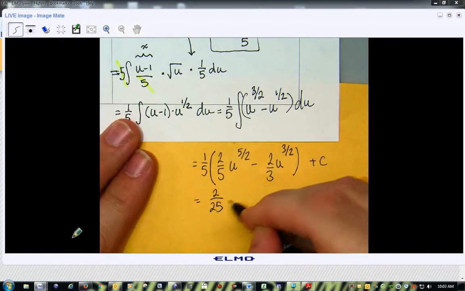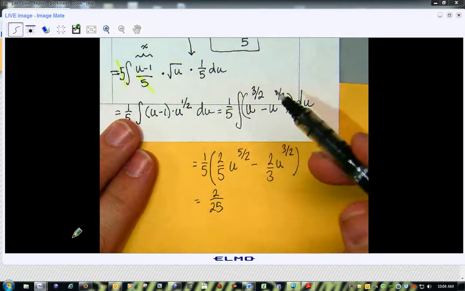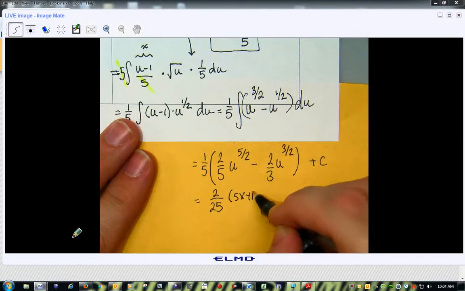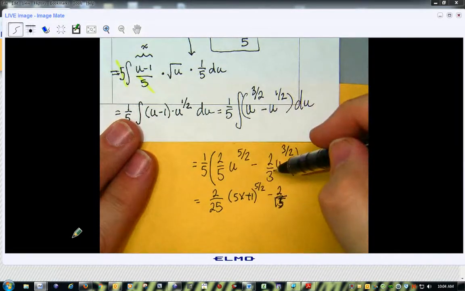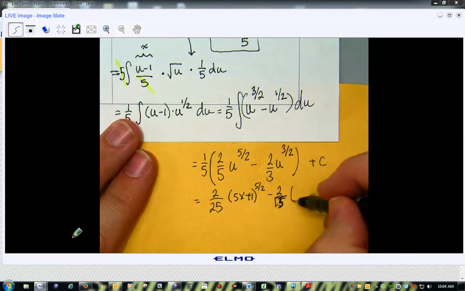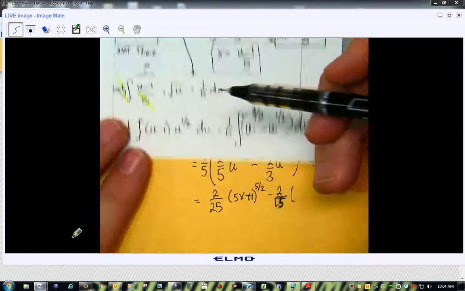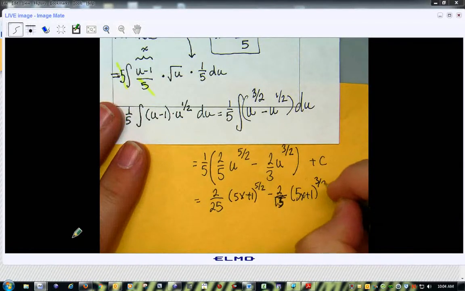Now, I want to take the u and make it into x's again. 5x plus 1 to the 5/2 minus 2/15, because I distribute again by the 1/5. Then I take the u, which is up here, the 5x plus 1, and then plus c.